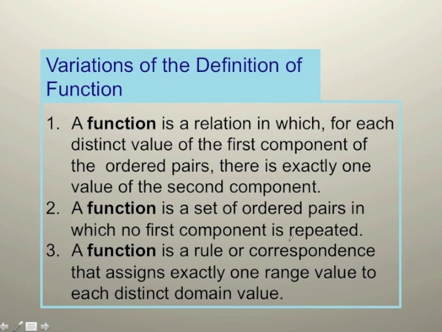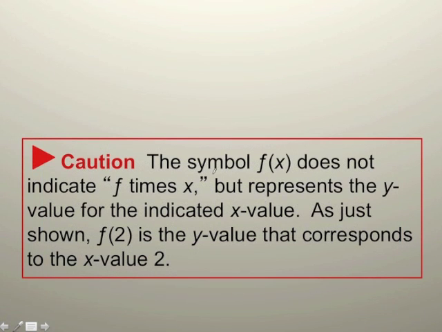Or we could say a function is a rule that assigns exactly one range value to each distinct domain value. All true for functions. One thing we have to get straight is the symbol f of x does not mean f times x, but represents the y value for an independent variable. Just as f of 2 is the y value that corresponds with the x value 2. So remember, f of x does not mean multiply.